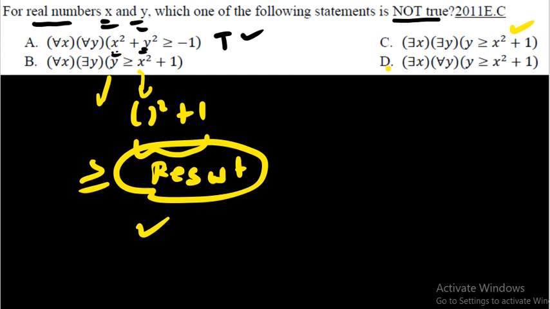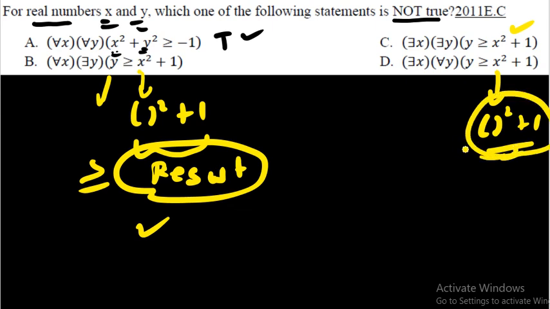But the last one, D: there is a number x. Fix a number x, square it, then add 1. This result must work for every y, meaning for every real number, y is greater or equal to it.